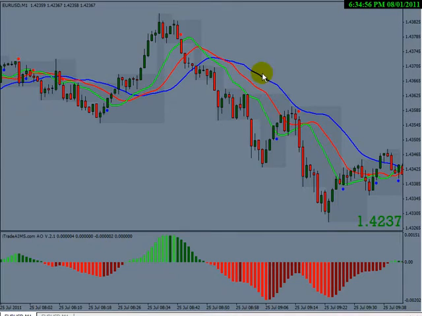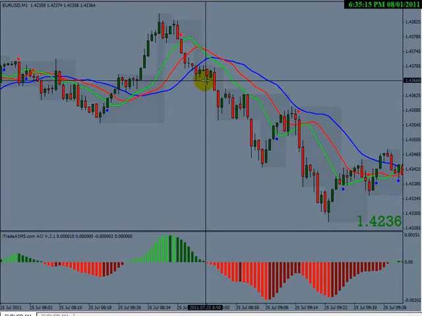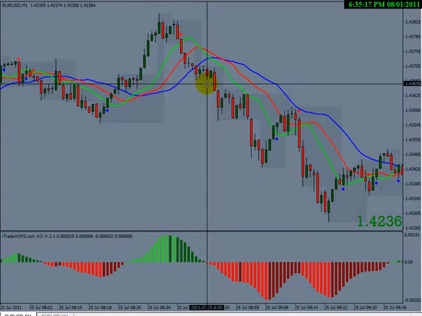It's an open alligator. It's a setup 2. This is setup 1 because the alligator is sleeping, and it's the first fractal out of the sleeping alligator. But this one is kind of a reversal, and this is the first fractal out of that when the alligator is opening. And remember, these are lines shifted into the future.